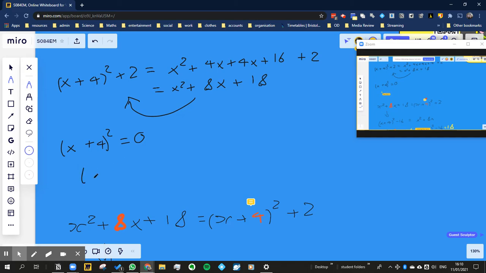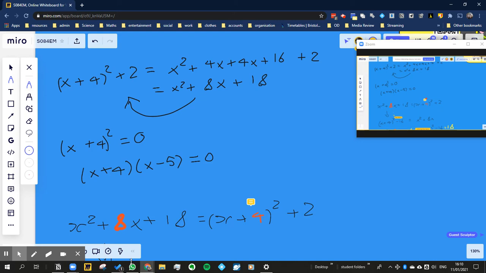a quadratic, and you'd end up with something like x plus 4 multiplied by x minus 5, perhaps, and that would be equal to 0. What this would mean is either all of this is equal to 0, or all of this is equal to 0. Because when you multiply them together it equals 0, one of those things must equal 0.